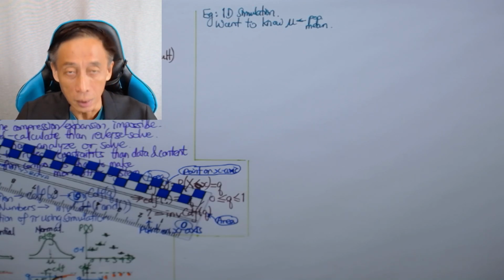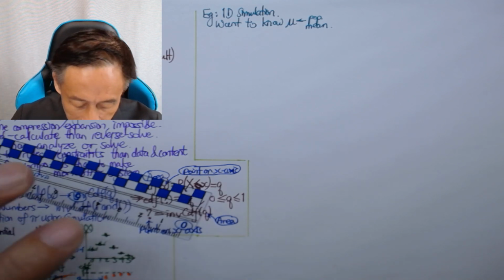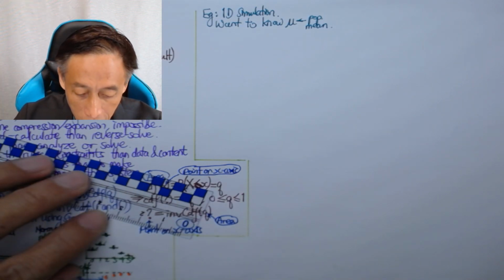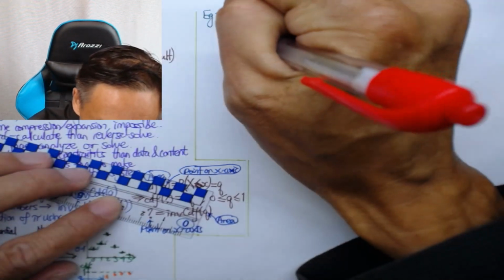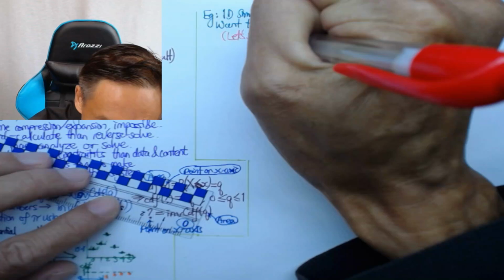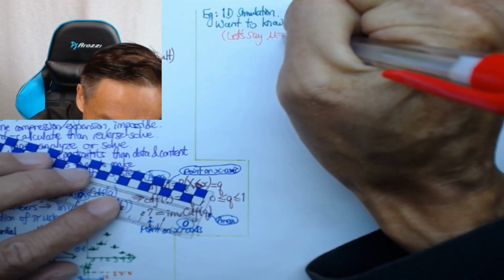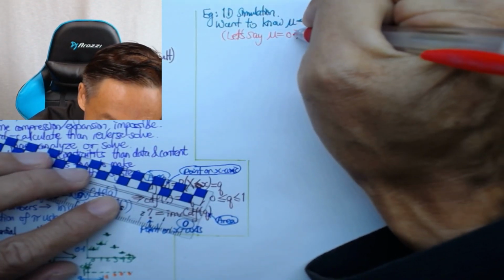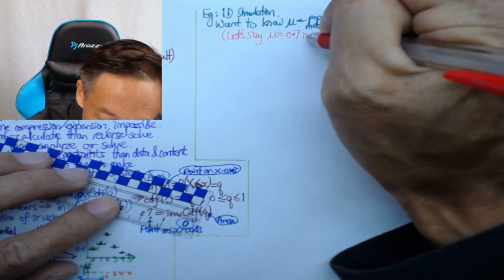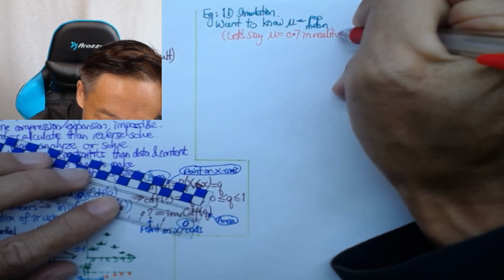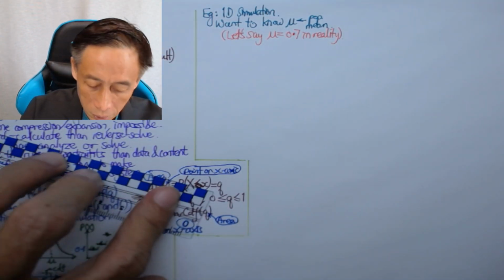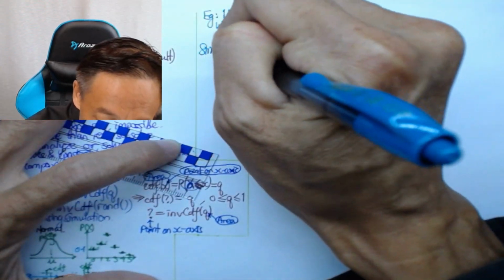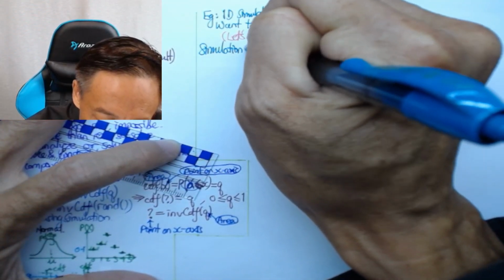But here, suppose, let's say, mu equals 0.7. But we don't know, right? Okay. So the way simulation works is to start by saying we know nothing about reality.